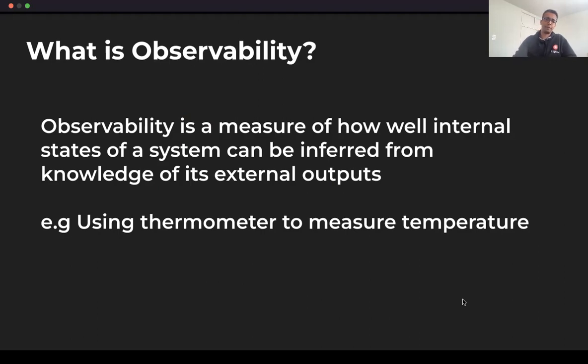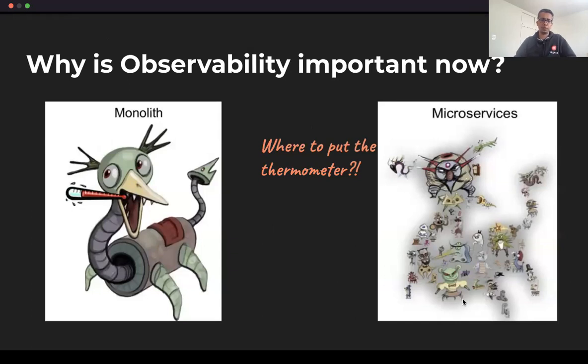Think about it like this: if your web servers are taking a lot of time to respond to your users, what could be the reason behind it? The high latency is a symptom, but the underlying cause could be that some database query is taking more time, or some external API calls are taking more time. So that's broadly what observability is.